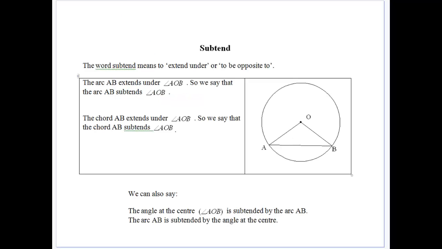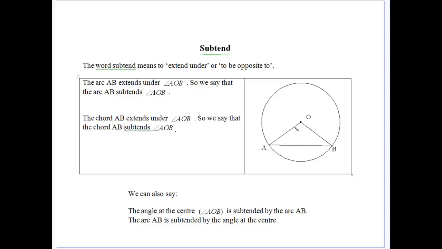So there's some terms. Another one you're going to see a lot in circle geometry is one we call subtend. And what the word subtend means is to extend under or to be opposite of. So the idea here is that if we have a line here, or chord AB, or if you want to consider the arc AB, then we can say that that arc AB, or the chord AB, extends under angle AOB.